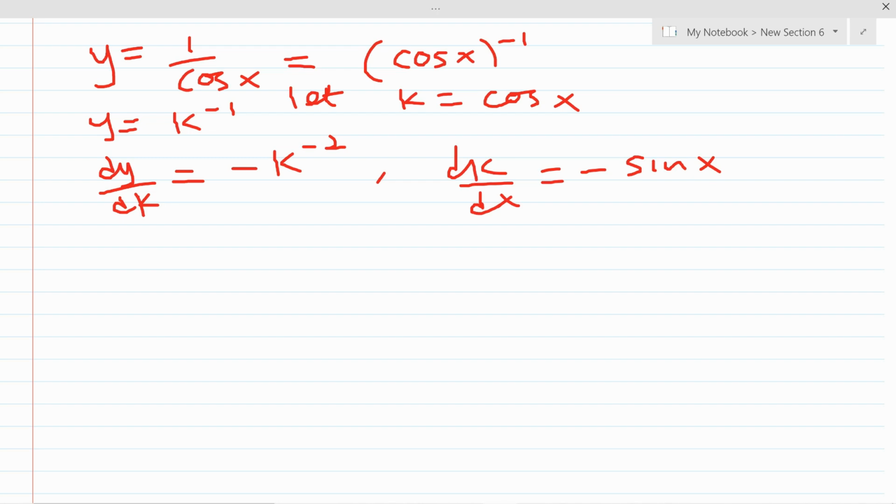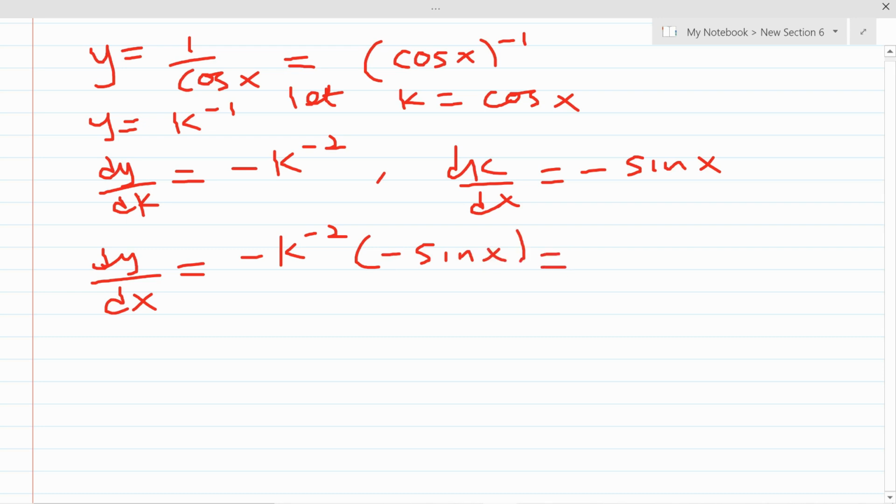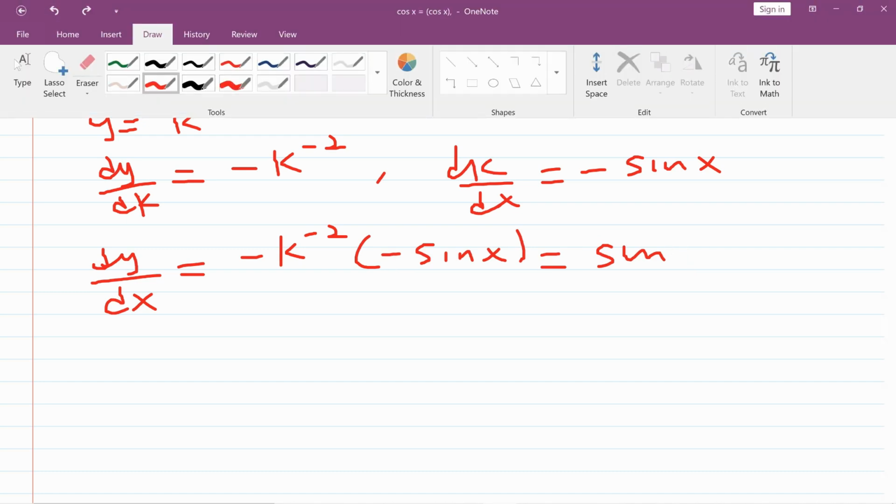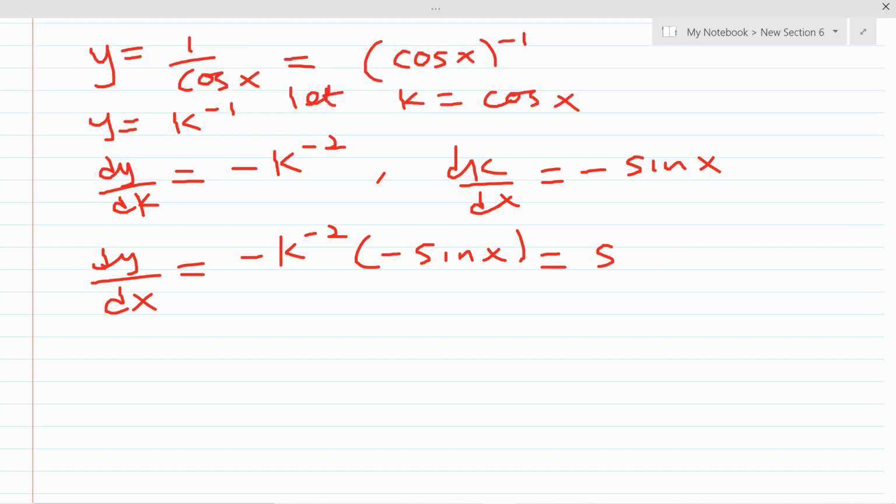So the whole of this dy/dx will be equal to negative k to the negative 2 times negative sine of x. Negative times negative gives positive, but I'm writing the sine of x first, then k to the negative 2, which is the same as sine x over k squared.